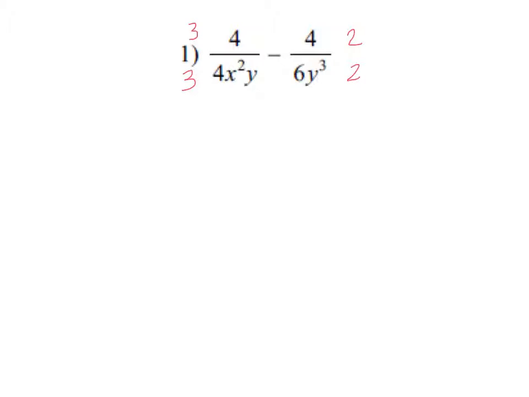When you look at this one on the left, it has an x squared. So if it has an x squared, then this over here is going to have to end up with an x squared also. So I need to take that also times an x squared. And then you have to look at the y's. This one has y to the first, but this one has a y to the third.